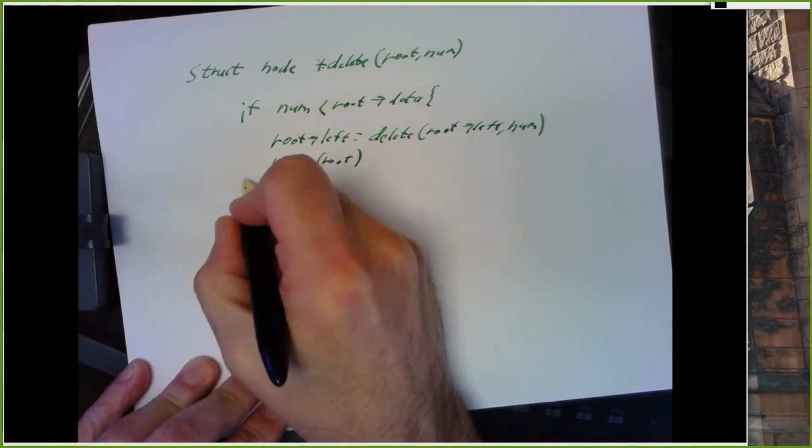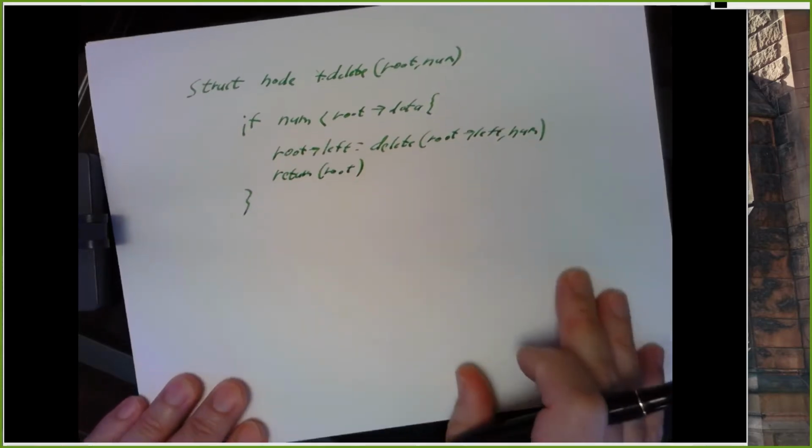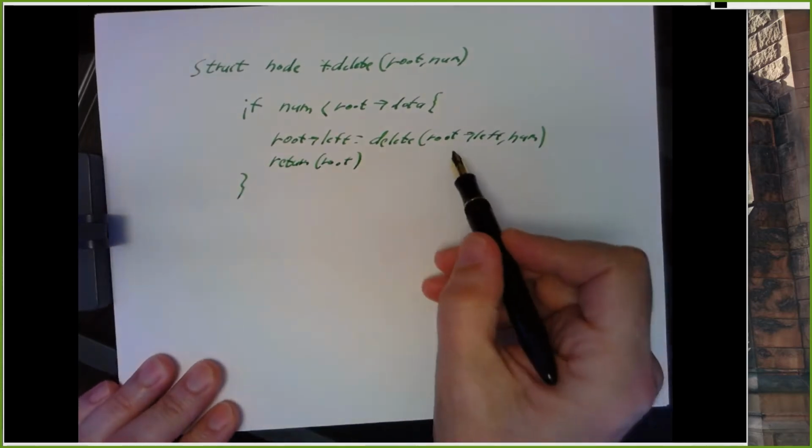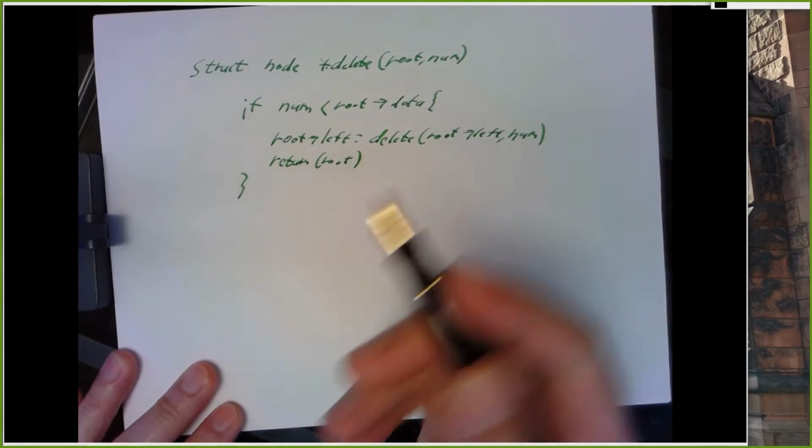I hope everybody saw my note about the typo yesterday during lecture about how to insert, but we're going to play with insert again, so we'll clarify that. So if our number is smaller than the root data, delete it from the left subtree, point to that from your root on the left, and return the root.